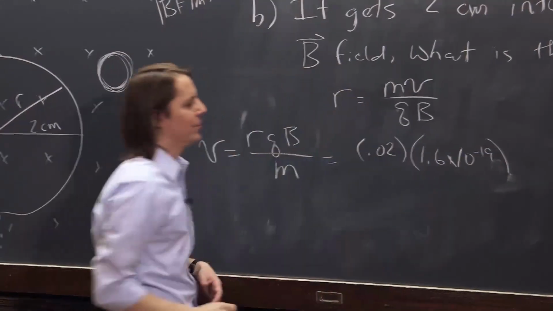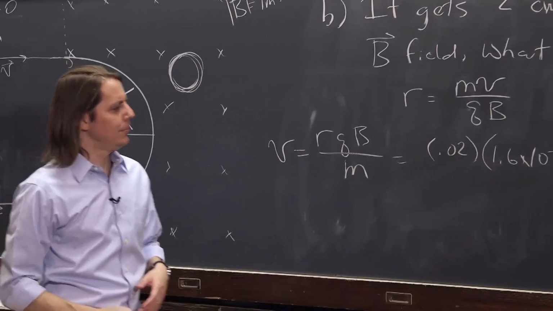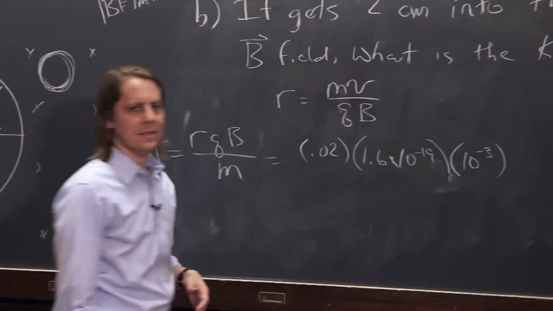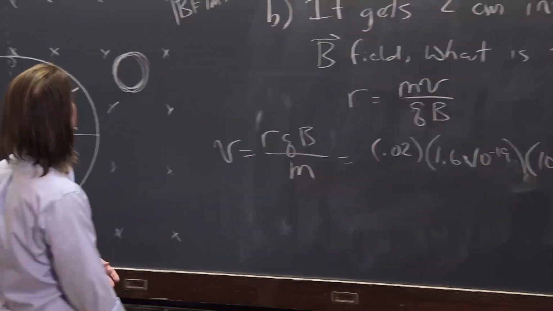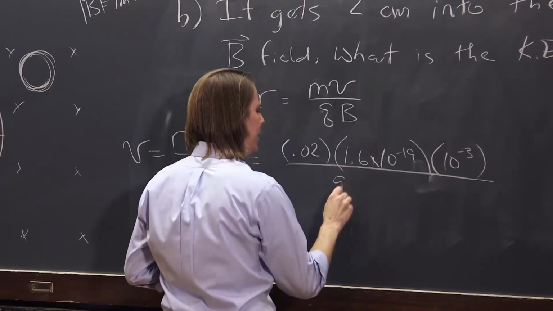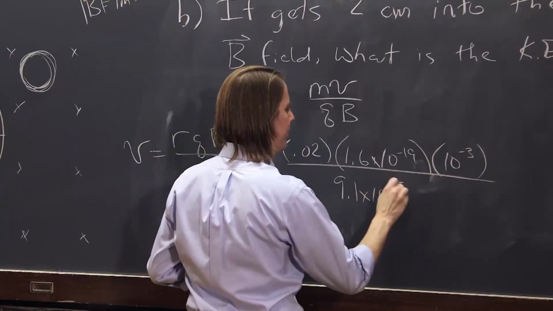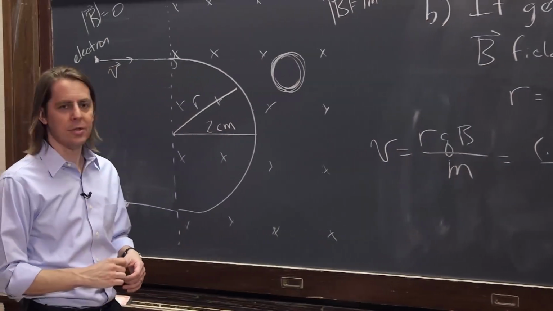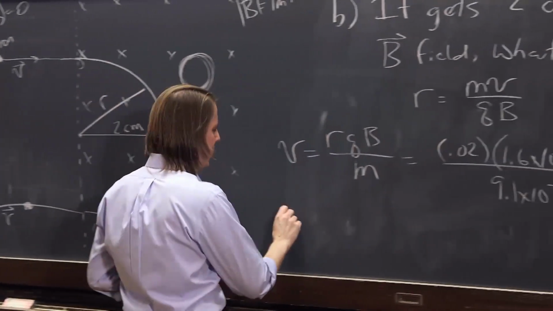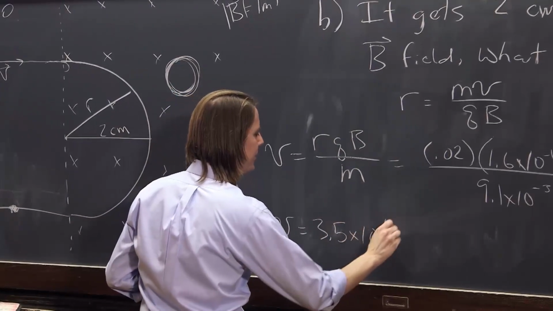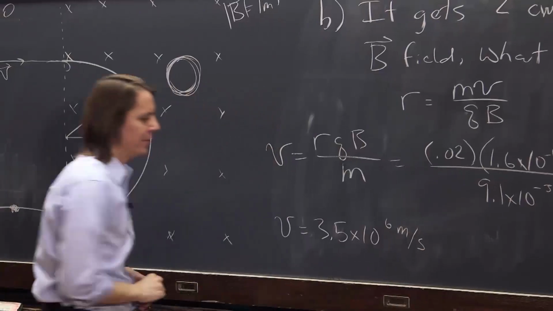B is 10 to the minus 3 teslas. It was a millitesla, yes, 1 millitesla. And then over m, 9.1 times 10 to the minus 31 kilograms. Yes, an electron does not weigh much. If you do that, you get that the velocity is 3.5 times 10 to the 6 meters per second.